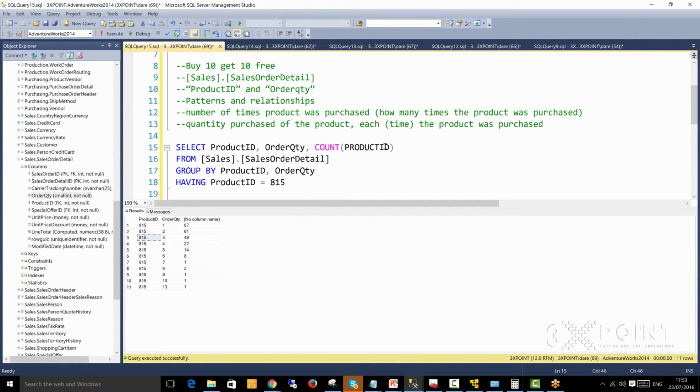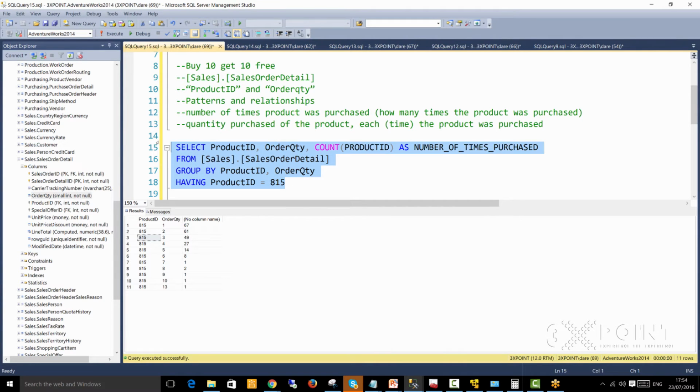And anytime you use a count function like this, it doesn't have a column name, so you could just give it an alias, as number of times purchased.